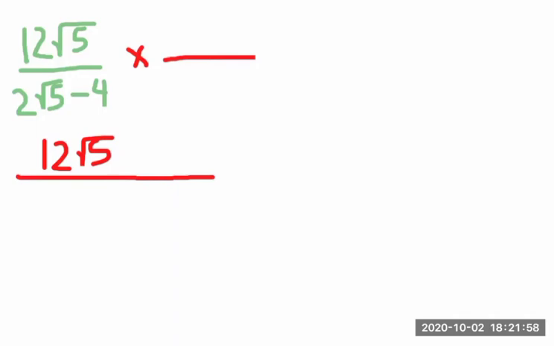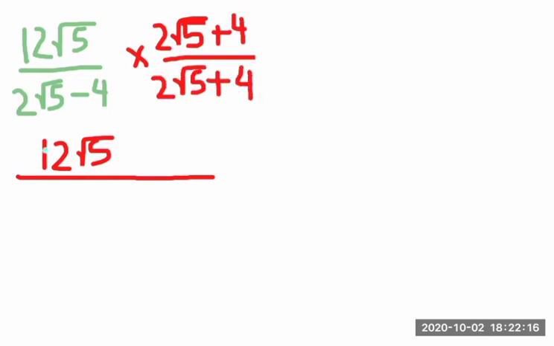So what am I going to multiply it with? We'll multiply it by 2 under root 5 plus 4. So that'll become 24 under root 5 plus 4.